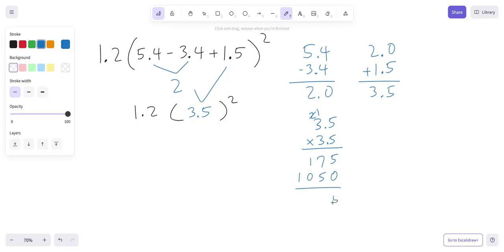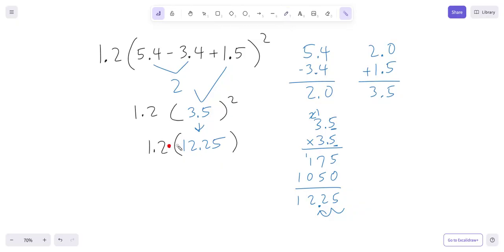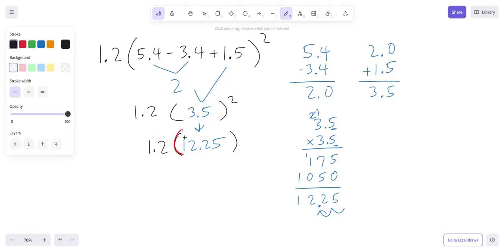Add this up, we get 5, 12, 2, and 1. Count the decimals since we're multiplying. 1, 2. So this becomes 12.25.